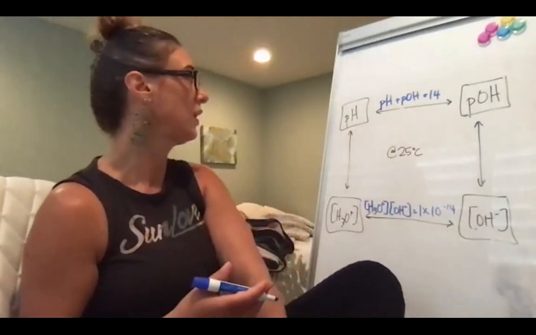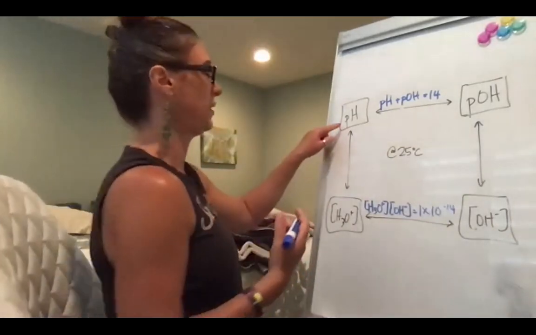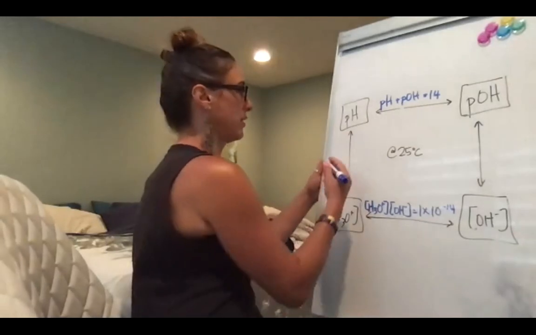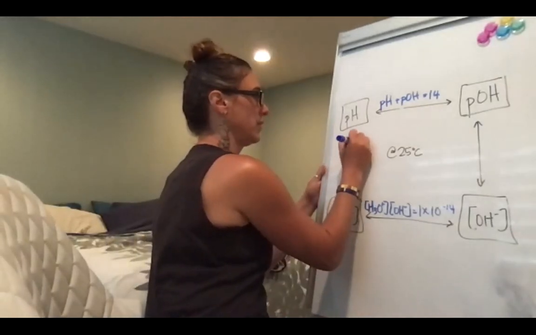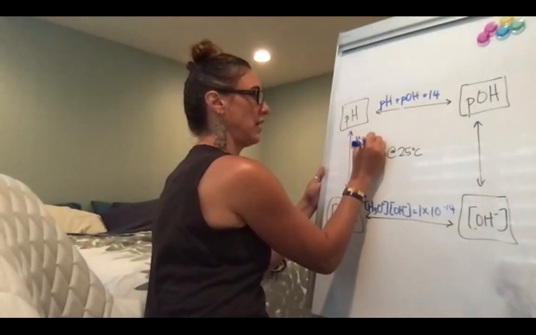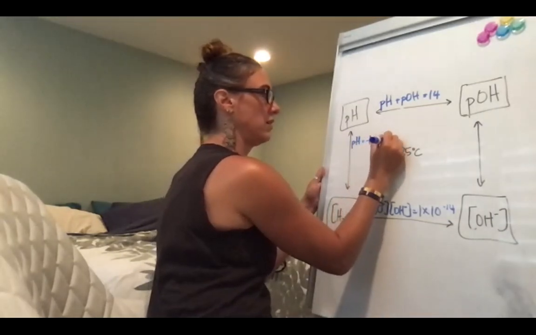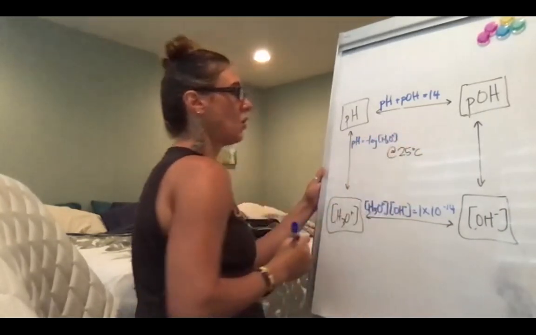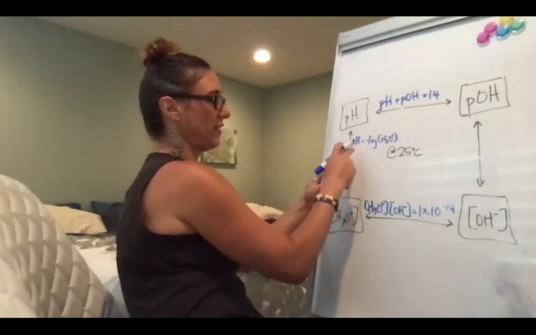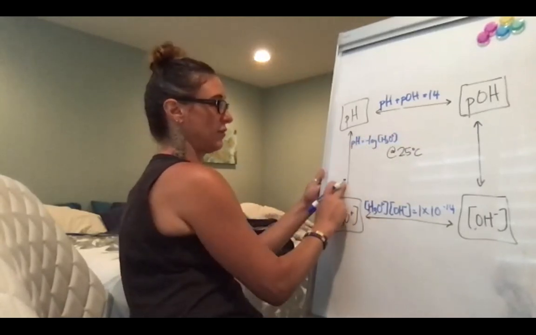If I give you pH and I ask you for hydronium ion concentration, you're going to know that the pH is equal to the negative log of hydronium. And that's if I give you hydronium and I ask you for pH.